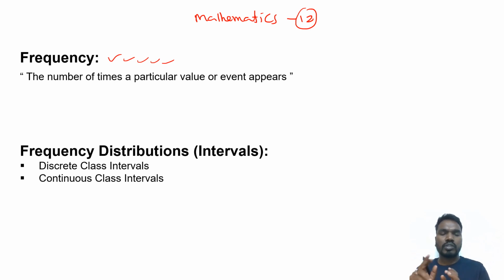We cannot simply draw the tally marks and go on counting. So we have other ways of representation, that is frequency distributions, right? In frequency distribution, again we have two types: discrete class intervals and continuous class intervals. We will discuss these frequency distributions in the next session.